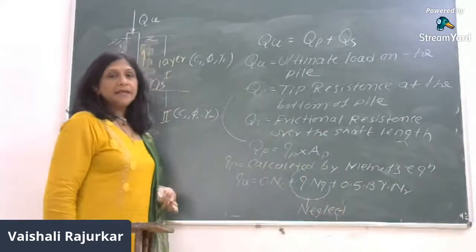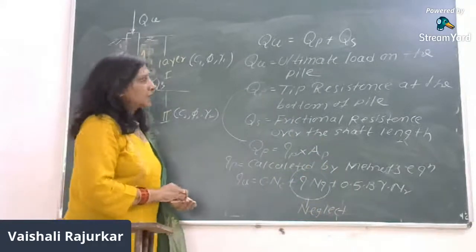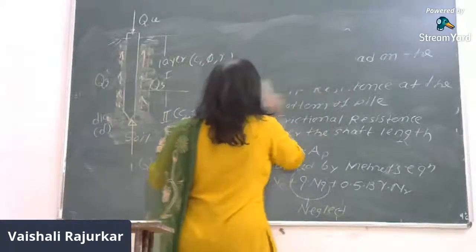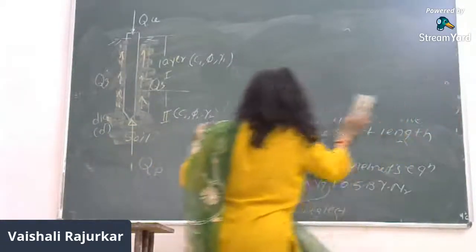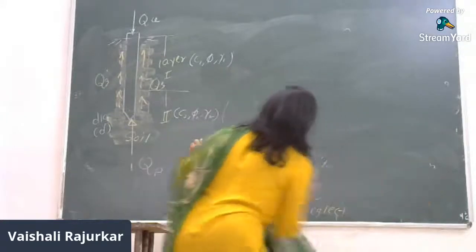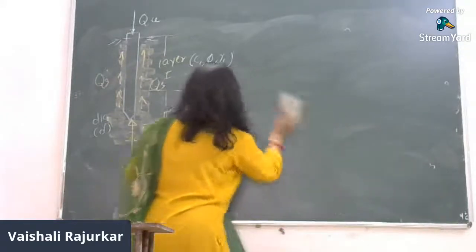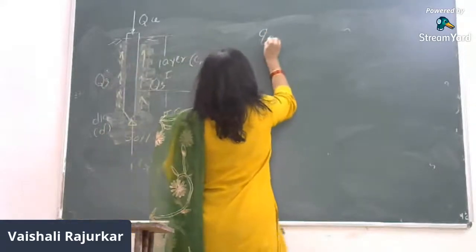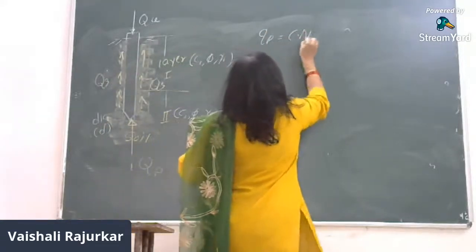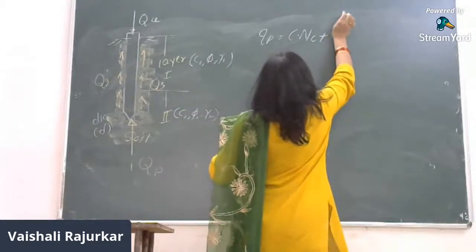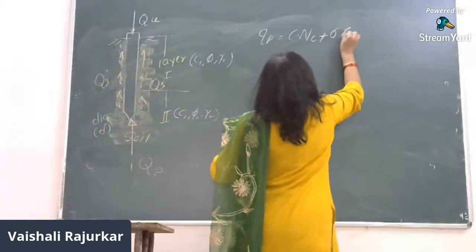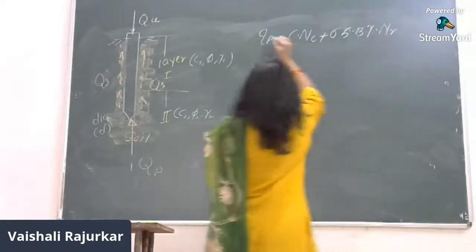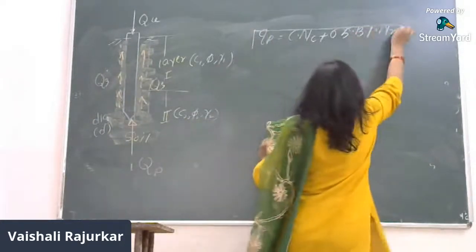So it will be neglected and therefore the equation of qp becomes cNc plus 0.5 B gamma Ngamma. So this is the value of qp, right?